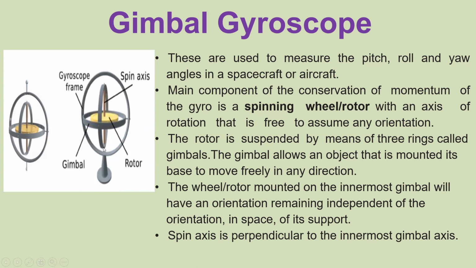And you have this spin axis. This is the innermost gimbal, right? This is the axis connecting that innermost gimbal, and this spin axis is perpendicular to that. That is a fact, right?